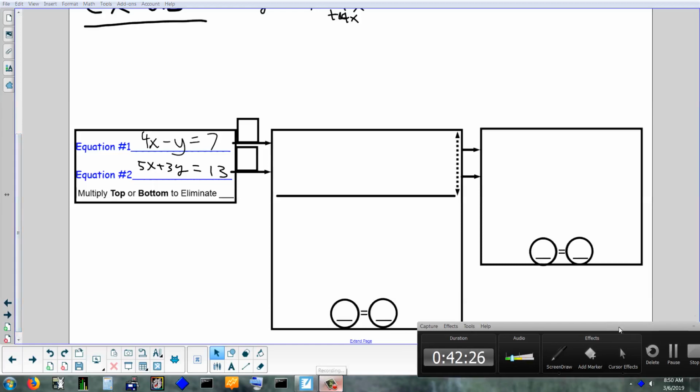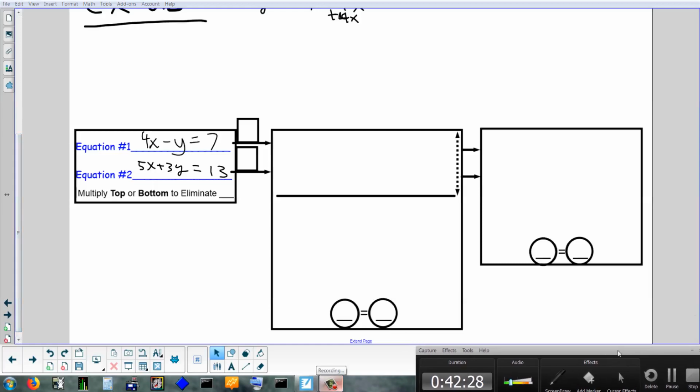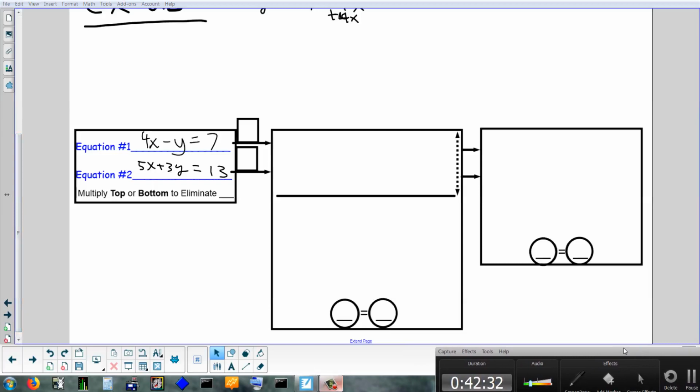My only single is the y. All right? So what do I do now? I've identified the single y here. What do I do to figure out how I'm going to solve this? I'm going to have to multiply, because that's what those boxes are for. What am I multiplying by?